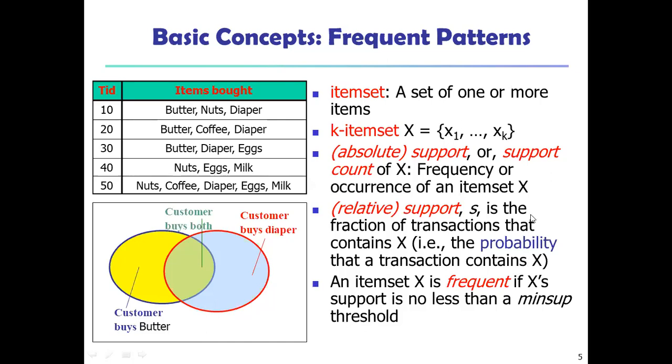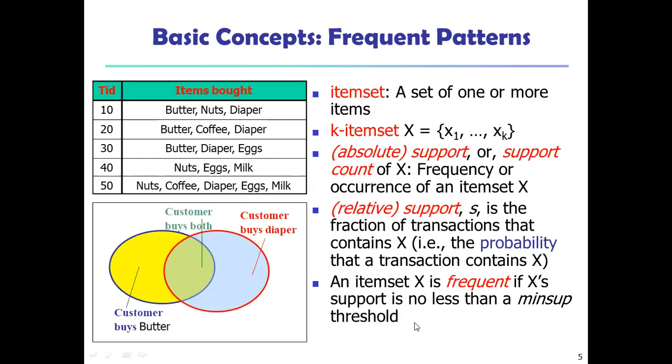Now, just as an example, what is the relative support? There are a total of 5 transactions. In that, butter occurs 3 times, right? So 3 by 5 is the relative support, the probability that a transaction contains X. An item set X is frequent if X's support is no less than a minimum support threshold.